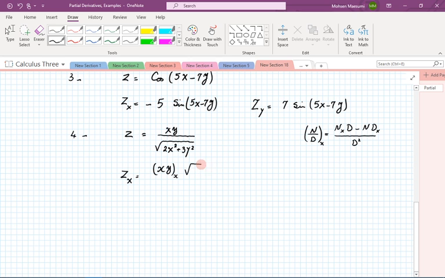Then I multiply with the denominator, which is 2x squared plus 3y squared, minus the numerator as it is, times the derivative of the denominator. For a moment I write down what the denominator is and indicate what I want to do with it, which is take a derivative of this thing with respect to x, over the denominator, 2x squared plus 3y squared, and this whole thing has to be squared.